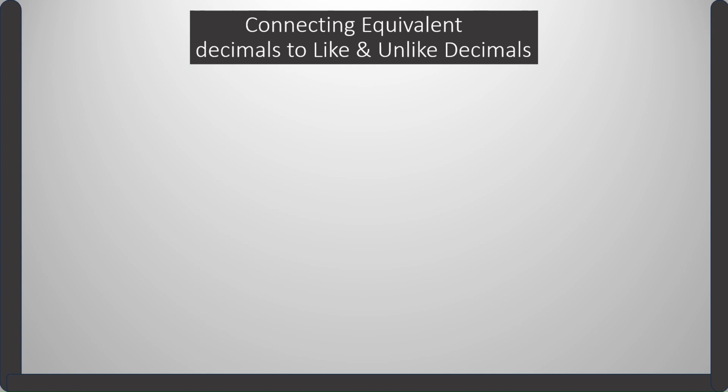If not, let's quickly recall. When working with decimals, it's often helpful to convert unlike decimals to equivalent forms to make them easier to compare or work with.